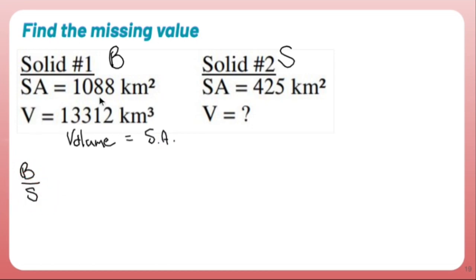In other words, the volume on the big solid is 13312, and the volume on the small solid is, I don't know, call it X. The surface area on the big guy is 1088. And the surface area on the small guy is 425.